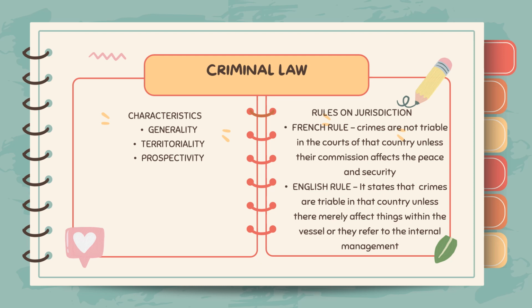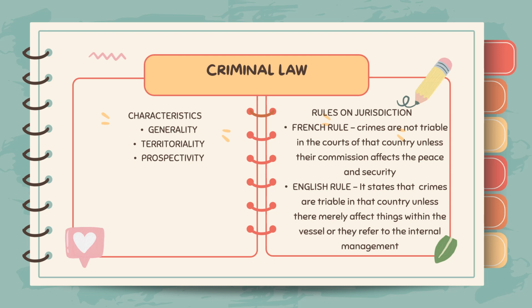So to simplify, crimes are punished under the laws in force at the time of their commission. Territoriality states that criminal law undertakes to punish crimes committed in the Philippine territory with the exceptions provided under Article 2 of the RPC.